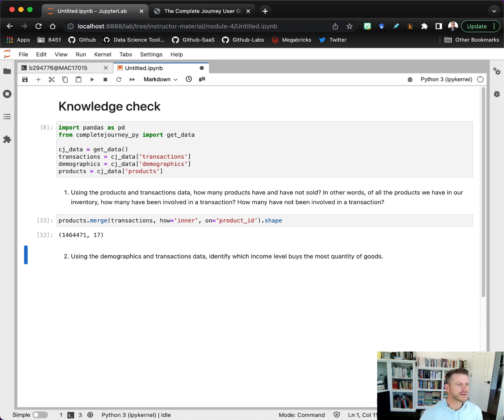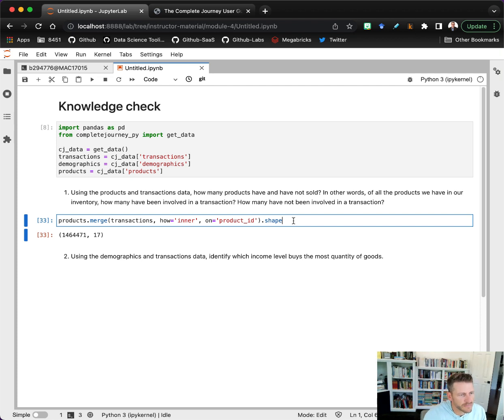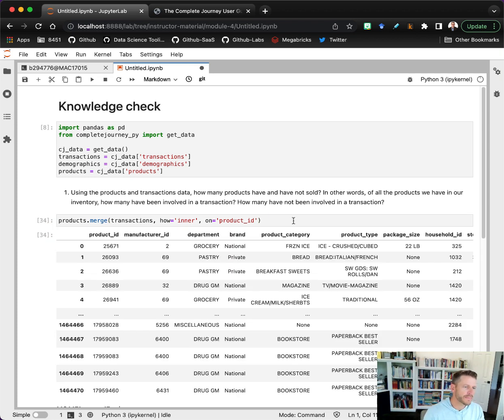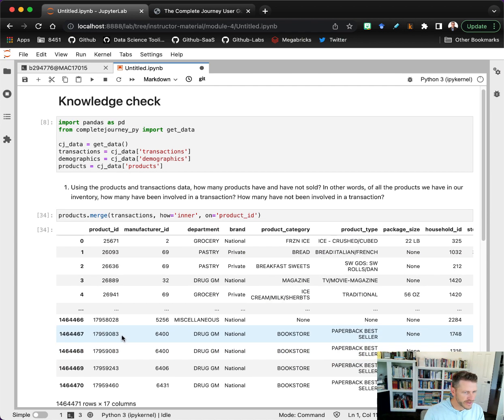1,464,471, right? So these are all the transactions that connect to the different products. But we actually just want to understand how many of these products there are. If we look at this, we would have multiple products duplicated, because we can even see that right here down in this transaction.